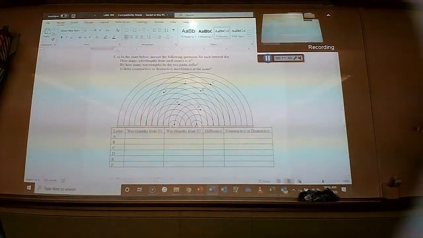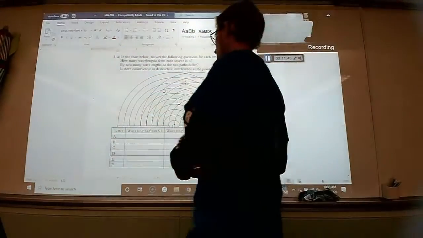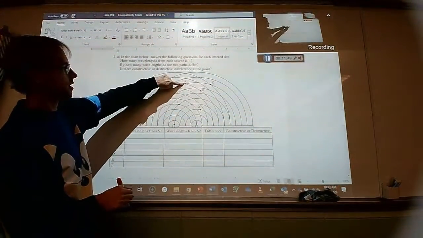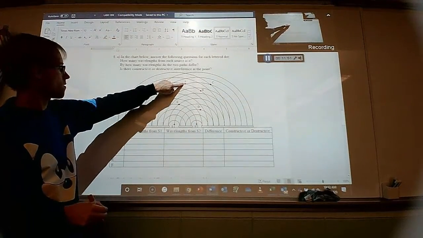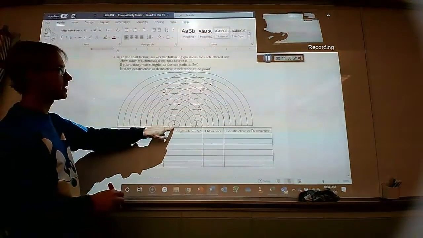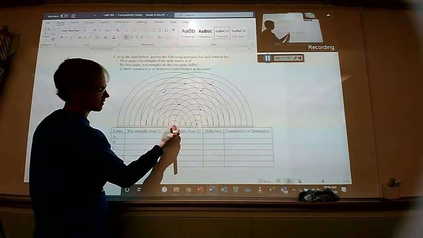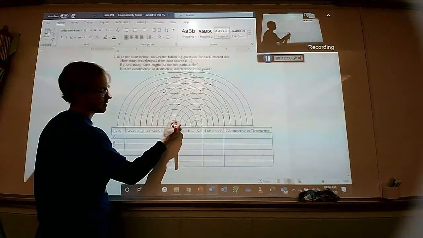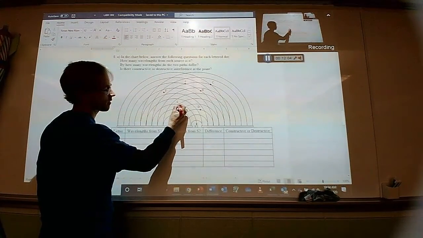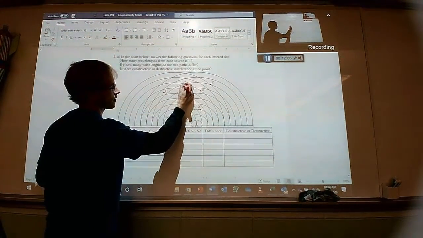So I'll just go through a couple of these and you'll get the idea, and you should be able to take it from there. So if I'm looking at the letter A, it's up here. And if I want to know how many wavelengths it is from source 1, S1, I just got to count. So I'm starting here. From here to here is 1 wavelength, 2, 3, 4, 5, 6, 7, 8.